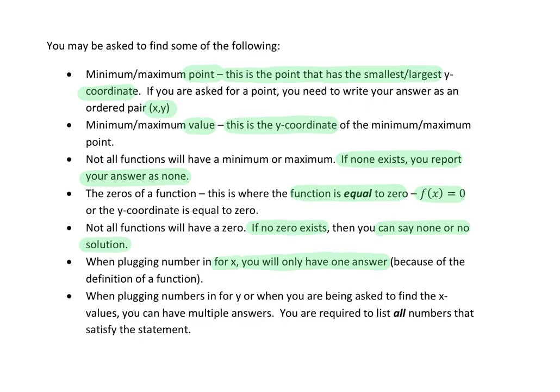On the other hand, when you are plugging in numbers for y, or being asked to find the x values, as you read these problems it'll say determine the values of x, you can have multiple answers. You will be required to list all numbers that satisfy the statement.